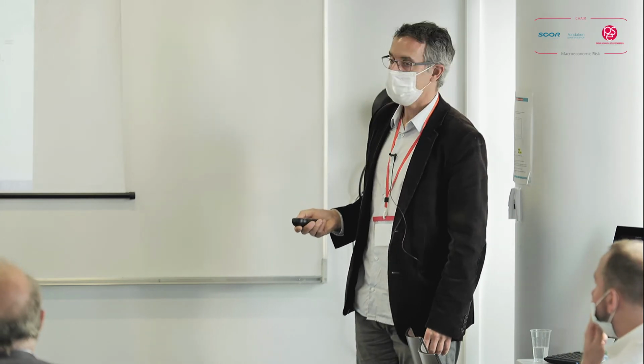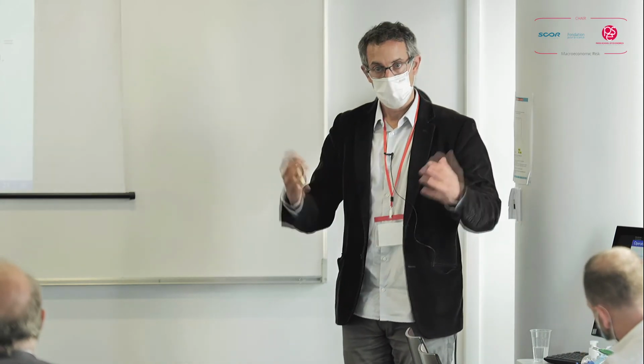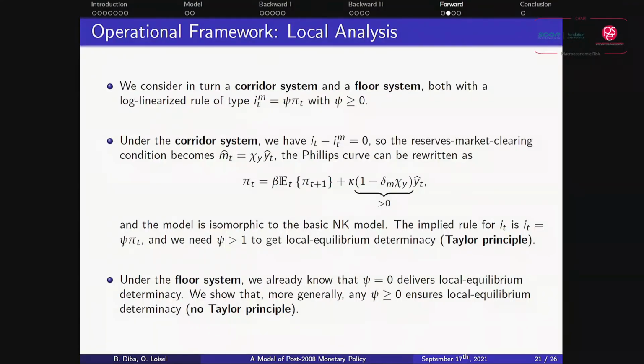So the second thing we look at about the properties of the model for the future is the operational framework for monetary policy. We consider in turn a corridor system that maintains a fixed spread between the two rates, the interest rate on bonds and the interest rate on reserves.